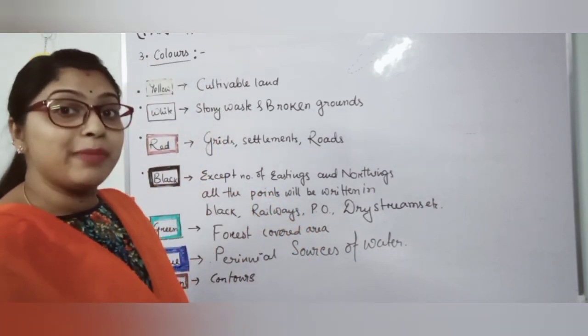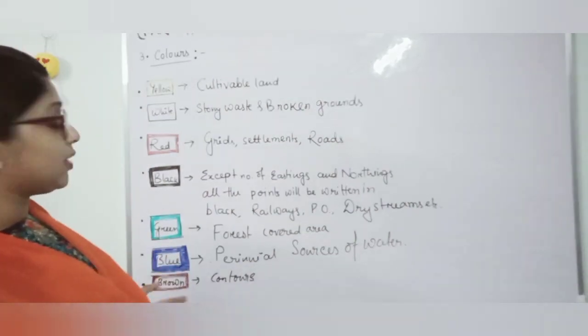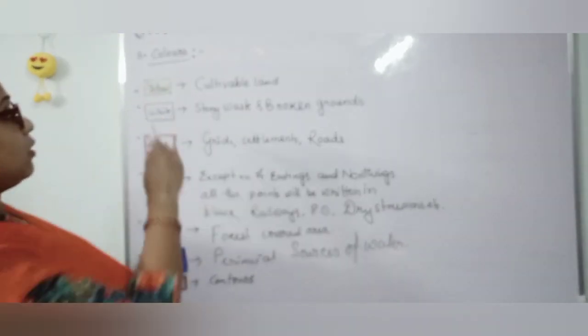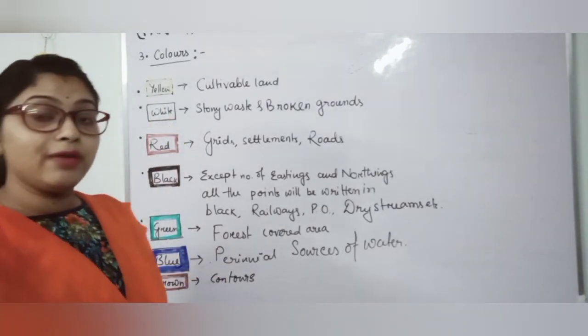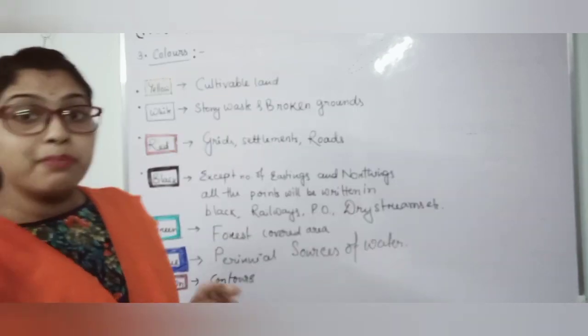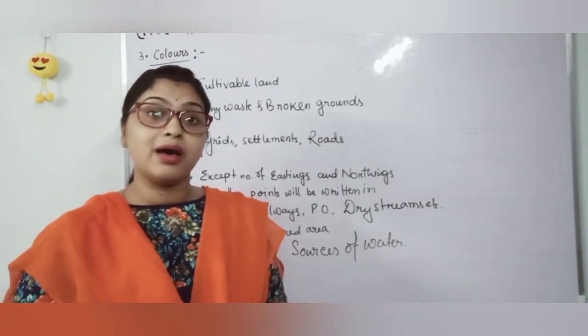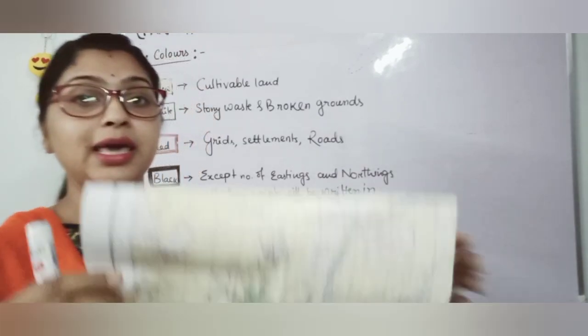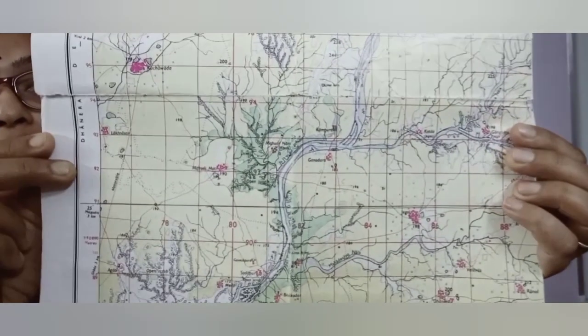Here are the main important colors used in the topographical map. First, yellow. Wherever you see yellow in the map, that is cultivable land, meaning people do agricultural work in this area. See in this map, are you getting to see the yellow colors?